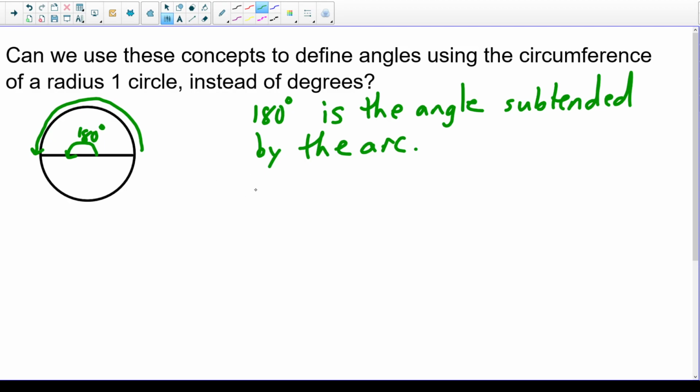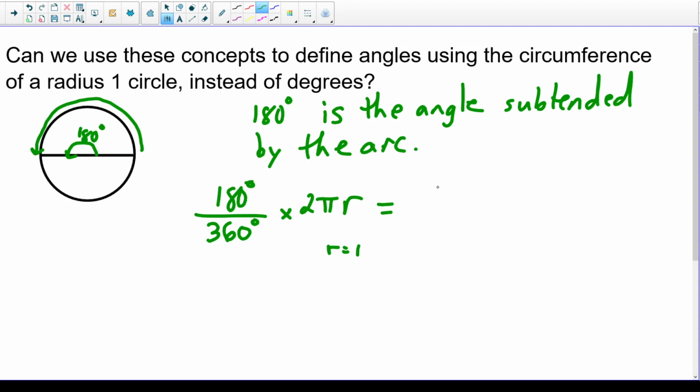So I would do 180, and here's my ratio. What am I dividing that by? I'm dividing it by 360 degrees, right? I'm using the degrees right now. So I'm doing 180 divided by 360, and I'm going to multiply that by 2 pi r. But we said that r is equal to 1, right? It's a radius 1 circle.